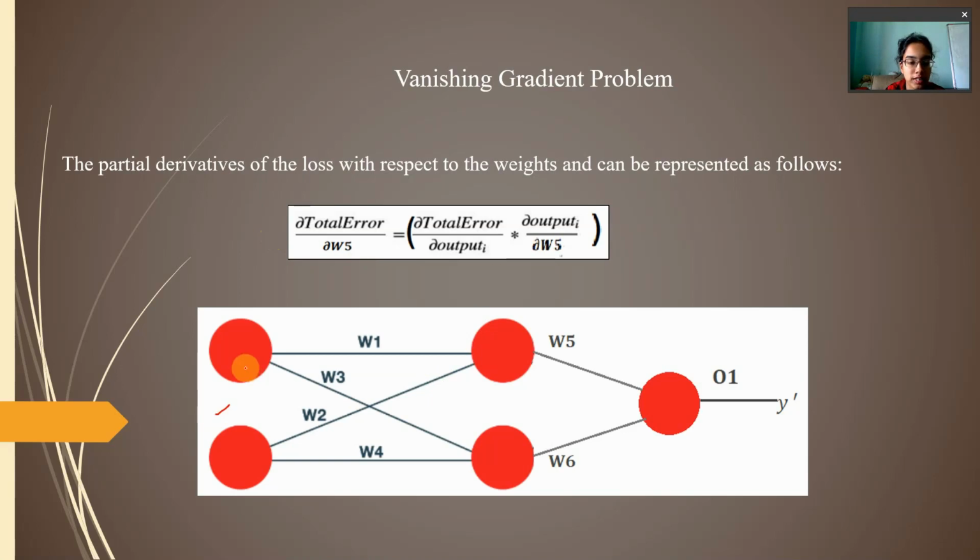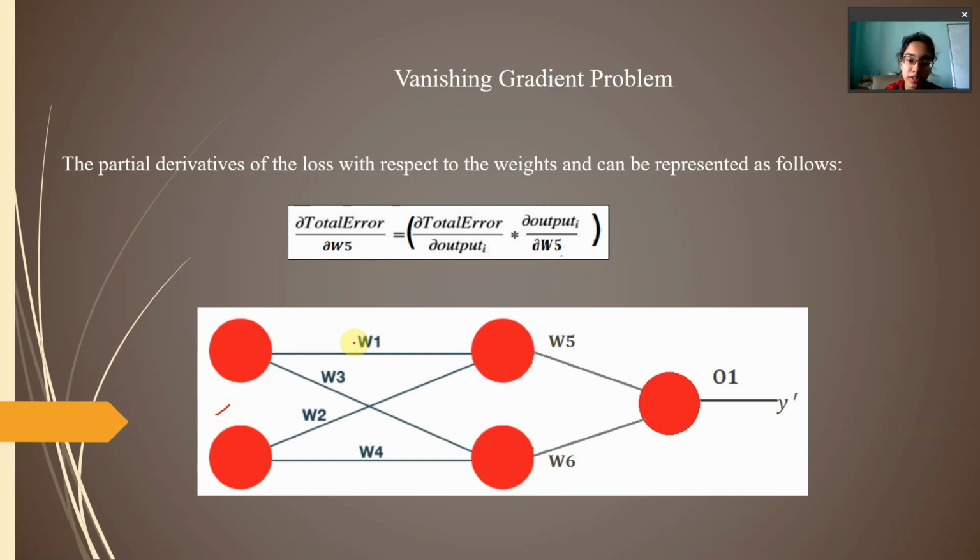In this figure the first layer is the input layer where the inputs are applied, and W1 and W3 are the weights that are assigned to the inputs from the first neuron, and W2 and W4 are the weights that are applied to the inputs from the second neuron, right?